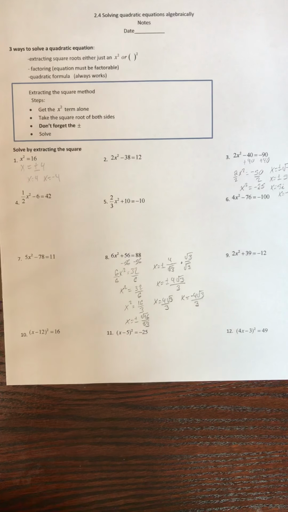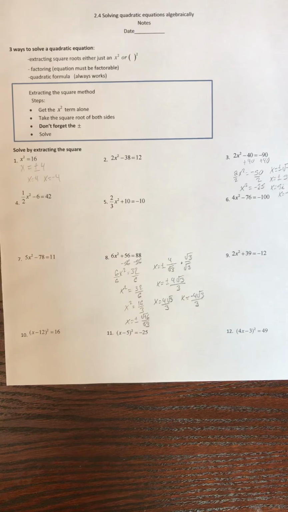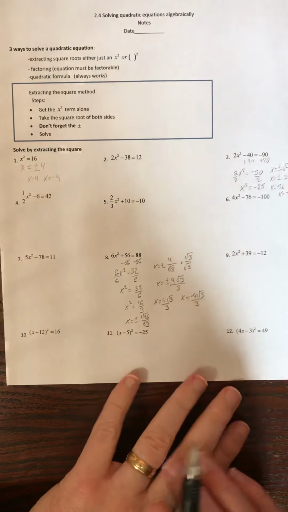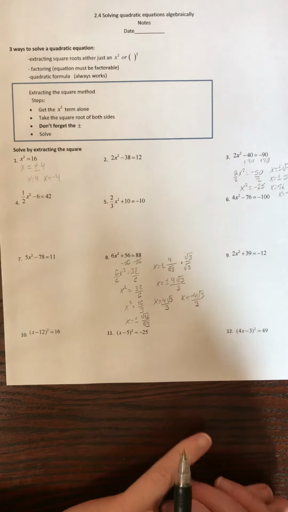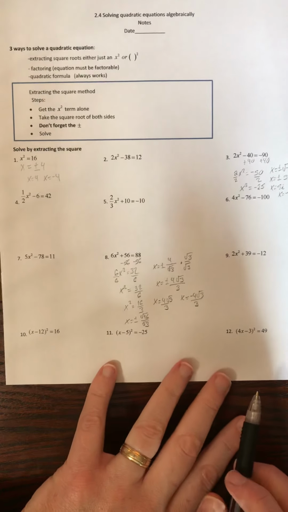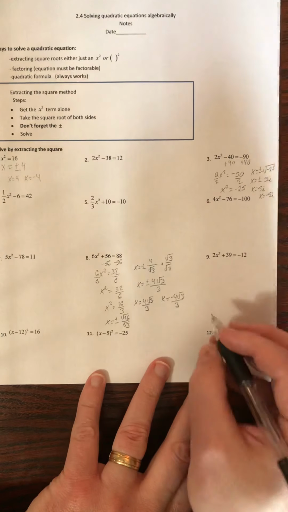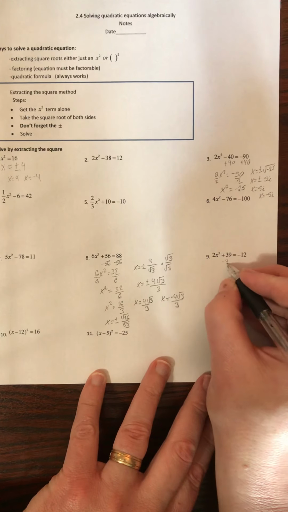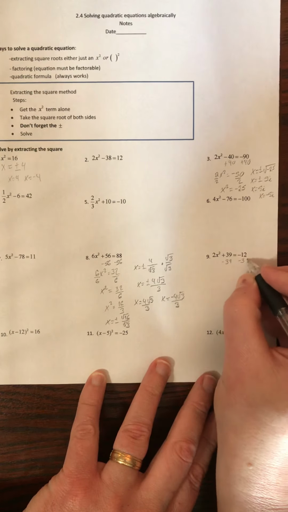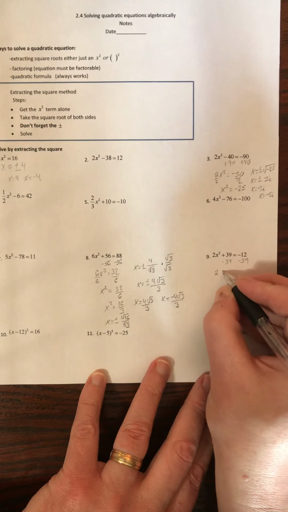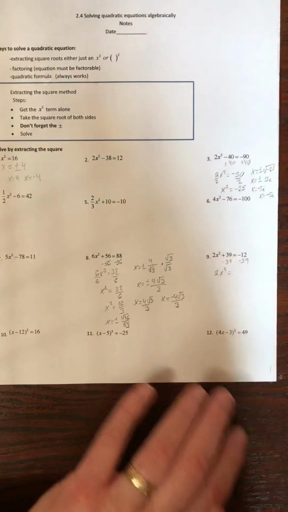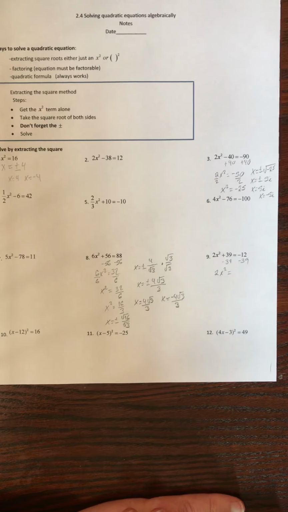So ladies and gentlemen, please try not to make these too difficult. Okay? Let's take a look at number 9, and then we'll step it up just a little bit with something a little bit harder. So we've got 2x squared plus 39 equals negative 12. Well, we're going to subtract 39 first. So I have 2x squared equals what? What is negative 12 minus 39?